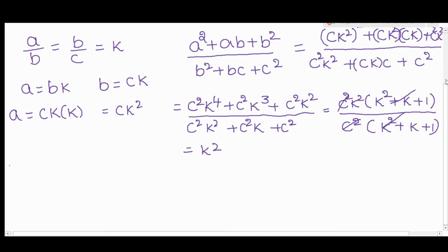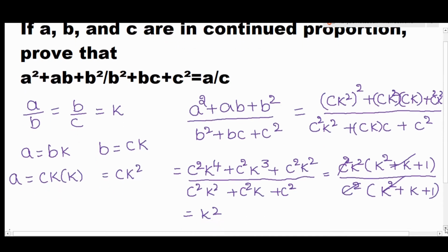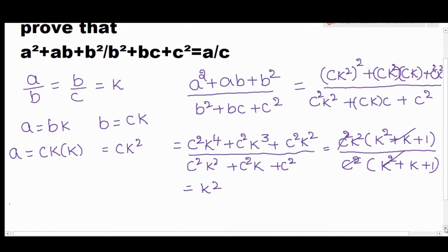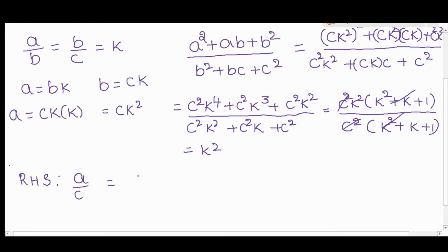Now let's go for the RHS. Let's see once what is there in the RHS. It is a by c. RHS I'm taking now, and I'm going to prove that is also equal to k square. So a by c. What is the value of a?